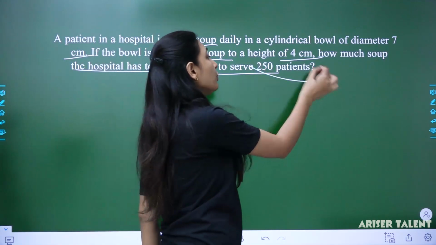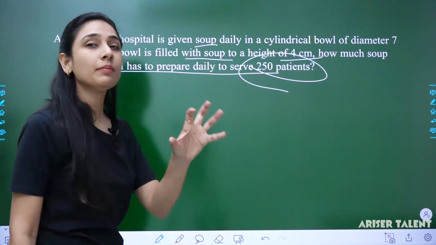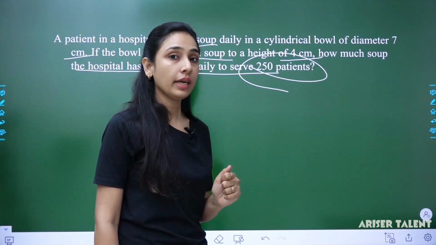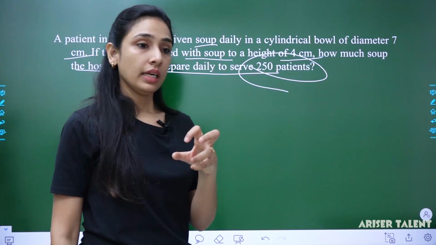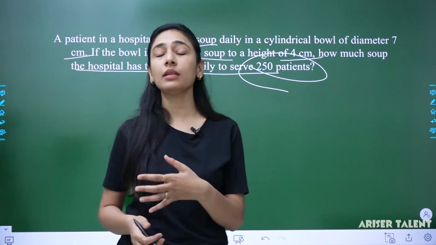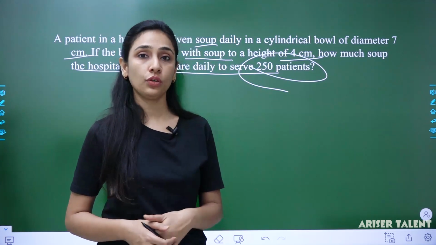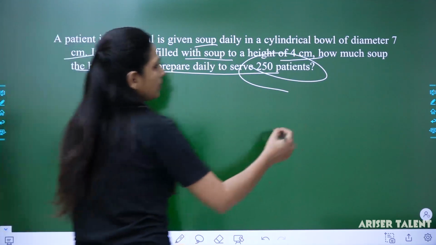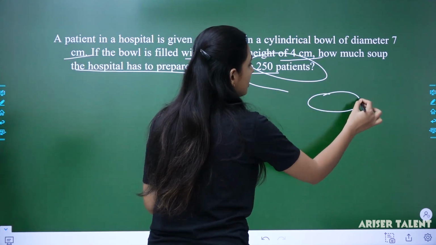They have 250 patients and they are giving some specific amount of soup to each patient. To calculate the complete volume of soup, you have to just calculate one person's soup and then multiply it by 250. So first you have to calculate the soup of one patient.